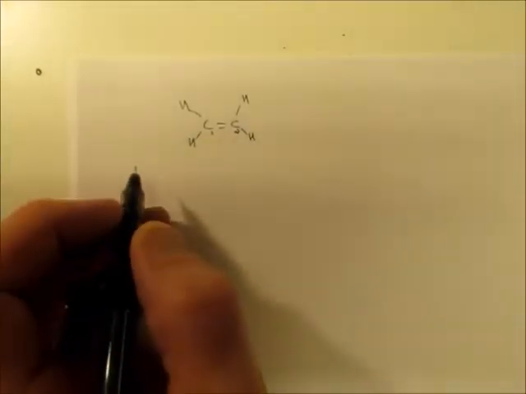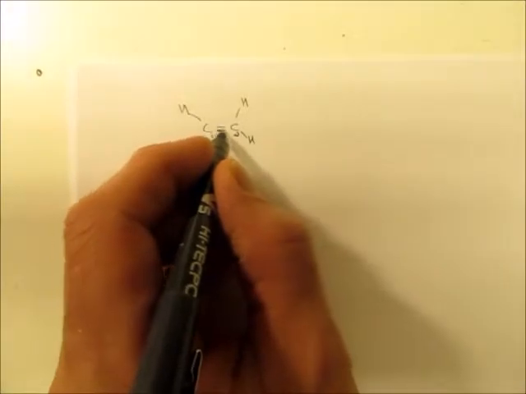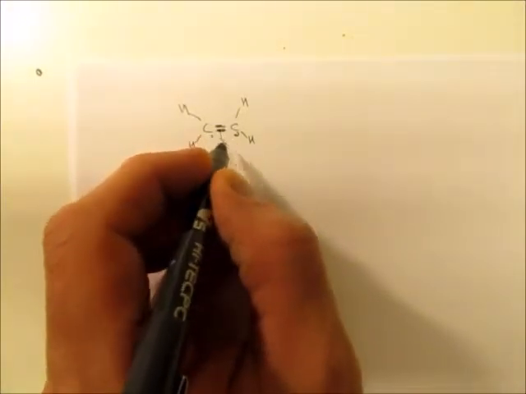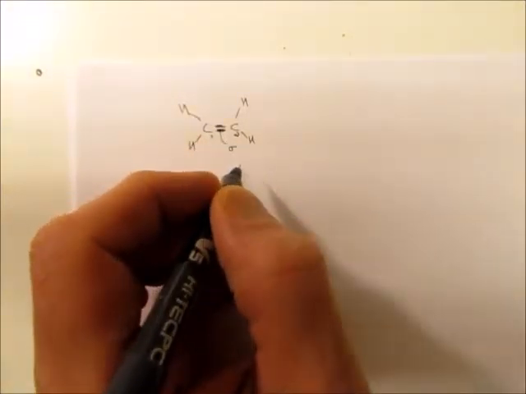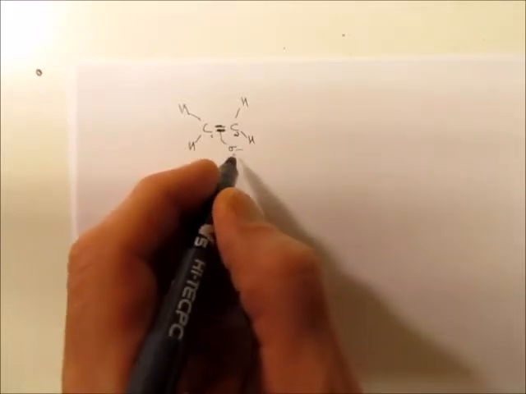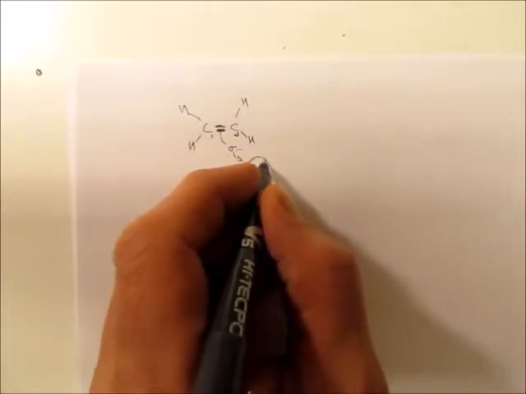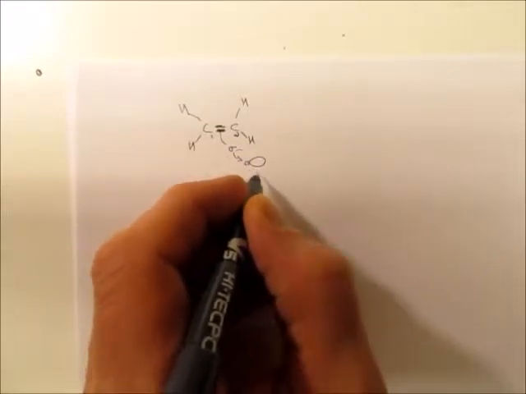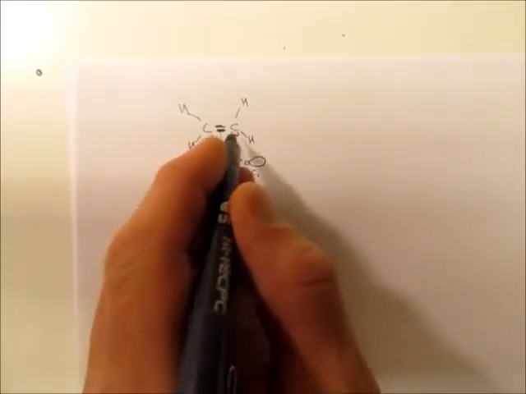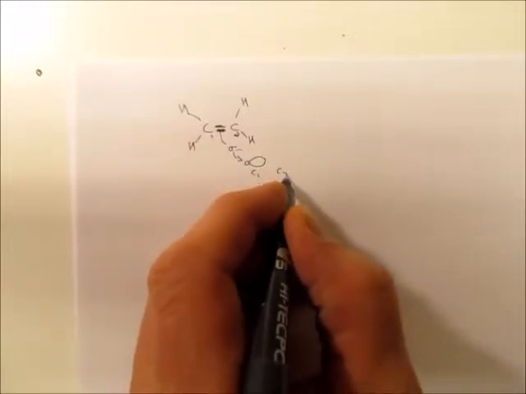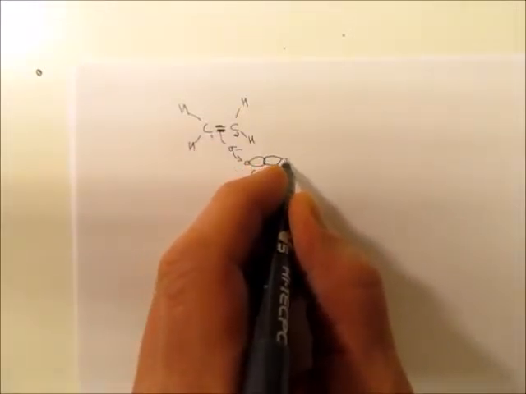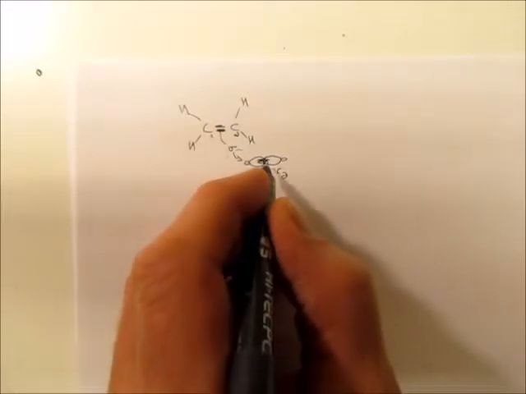We've already started this off by telling ourselves, and this is part of the model, that one of these sticks has to be a sigma style bond, because we've been told so. And we also know that each one of them is going to use a hybrid orbital, right? So carbon 1 would use one, and carbon 2 would use its hybrid orbital to do the overlap and make the sigma bond.